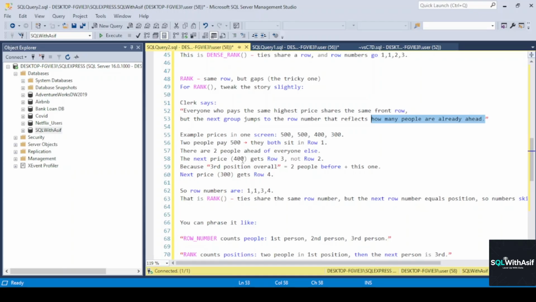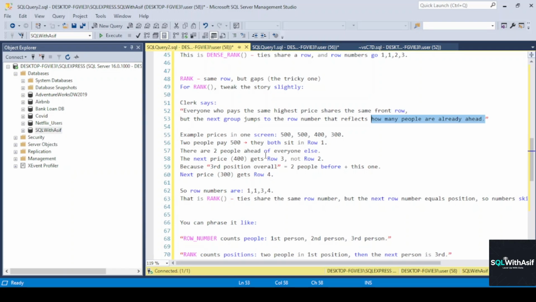When this person came with 400, 2 people had already booked seats. So even though we both got row number 1 or rank number 1, we are 2 people ahead, right? So the next row, in his vision, will be row number 3.